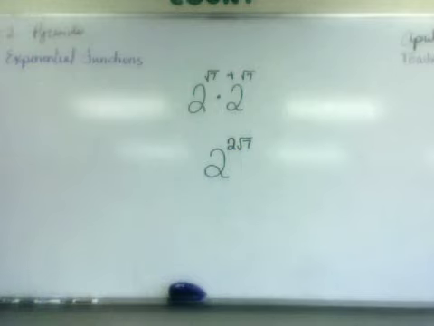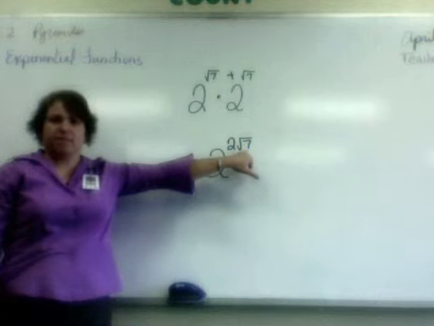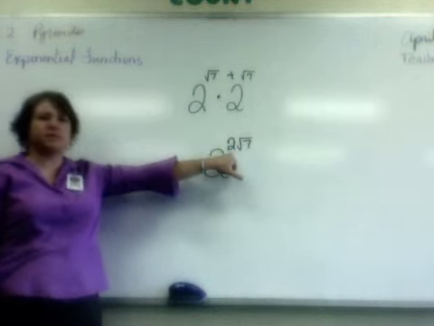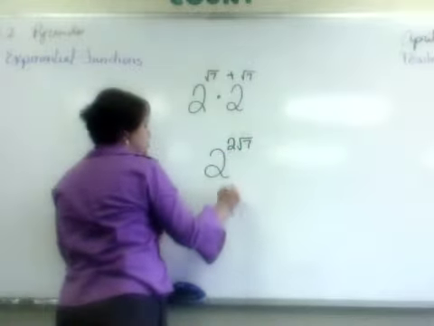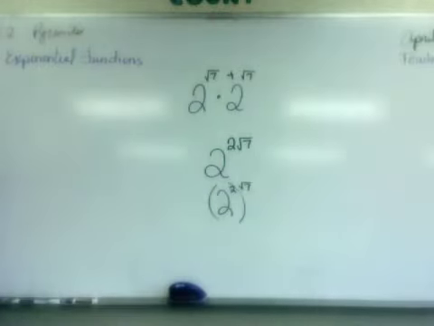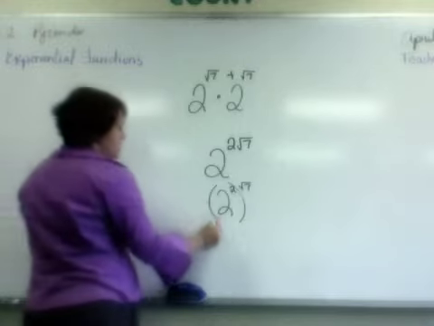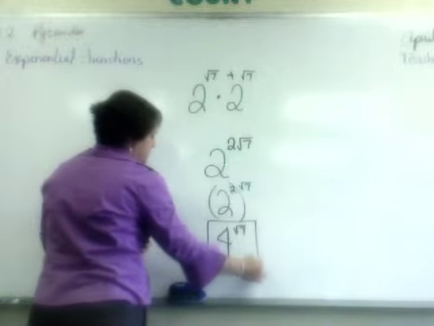Now, anytime your radical can be simplified and a whole number winds up out here, this is the same thing as 2 squared to the square root of 7 power, is it not? You can square the 2. If you can square that number, if you can do that operation, you need to do it. And this is why the final answer was 4 raised to the square root of 7.